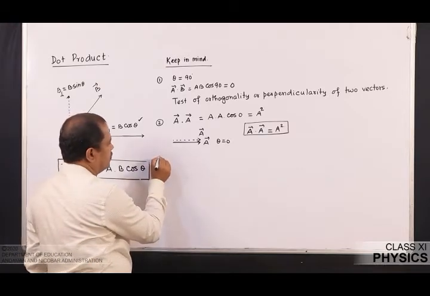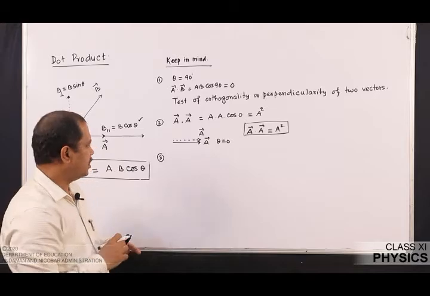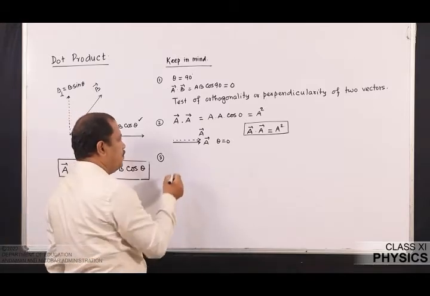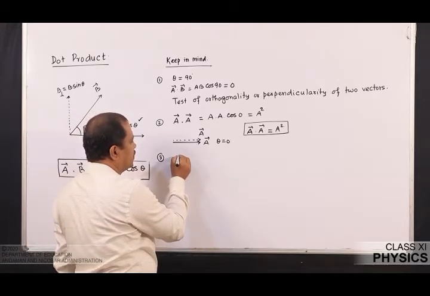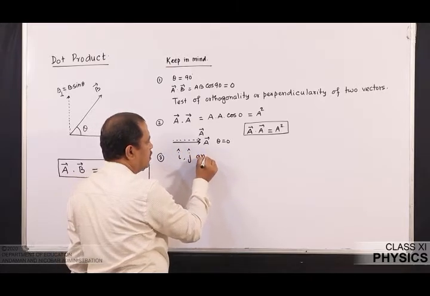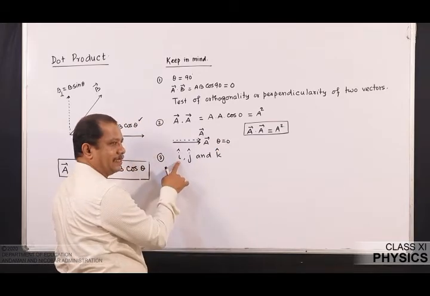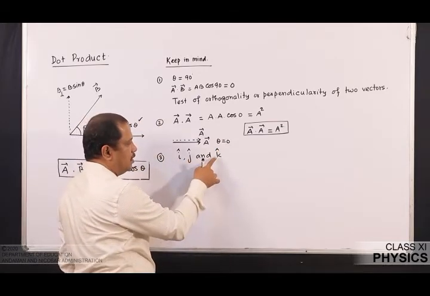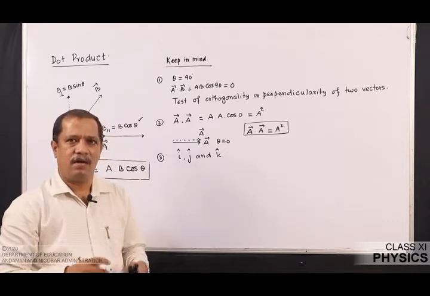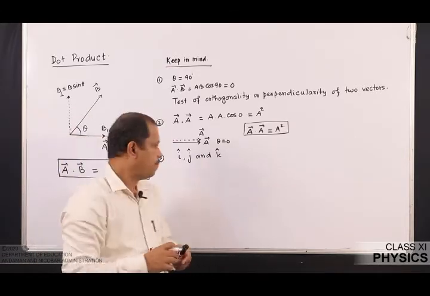Third one, we have to keep in mind, often we will come across the standard unit vectors i, j and k. These are the standard unit vectors lying along the x-axis, y-axis and z-axis of a right-handed Cartesian coordinate system that we saw in the last class.